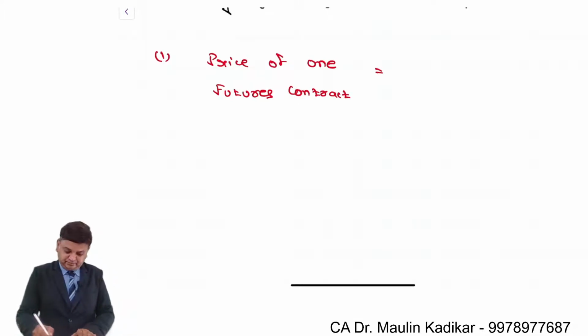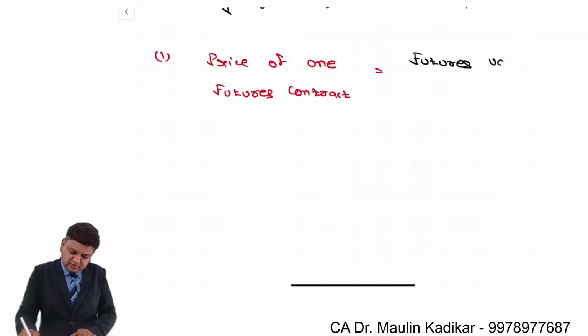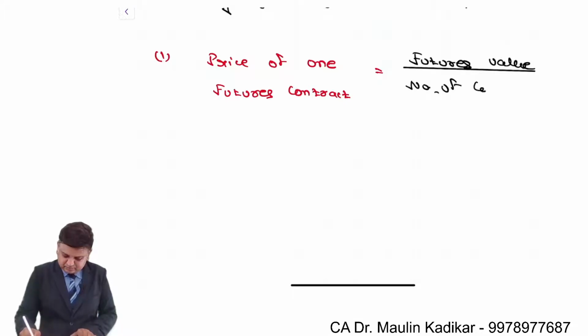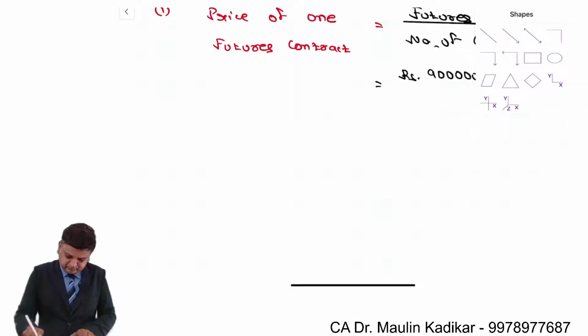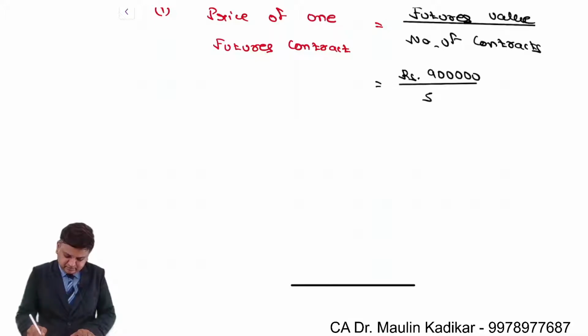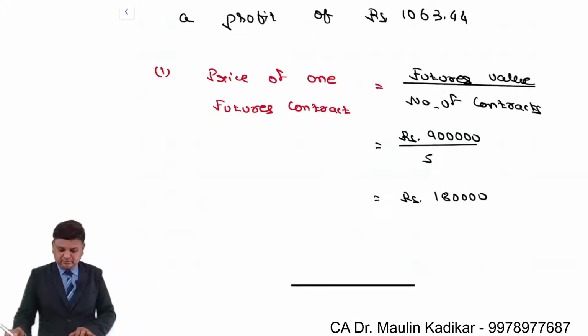In that, futures value divided by number of contracts. So this is an amount of 9 lakhs divided by 5. So the answer comes to rupees 1,80,000. That is how the answer of the first question can be found.